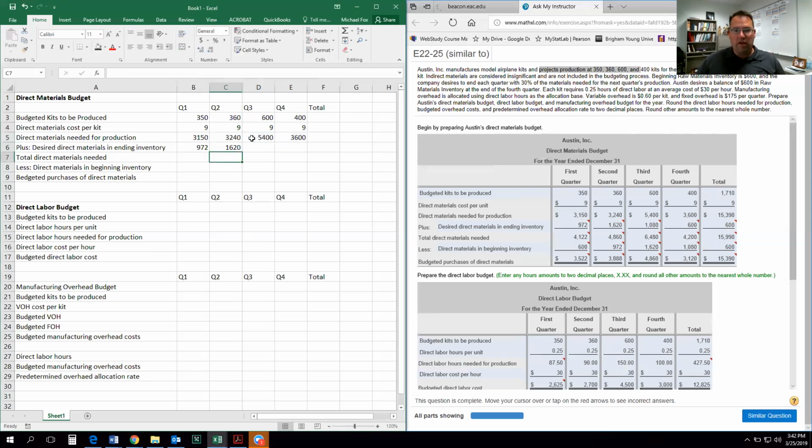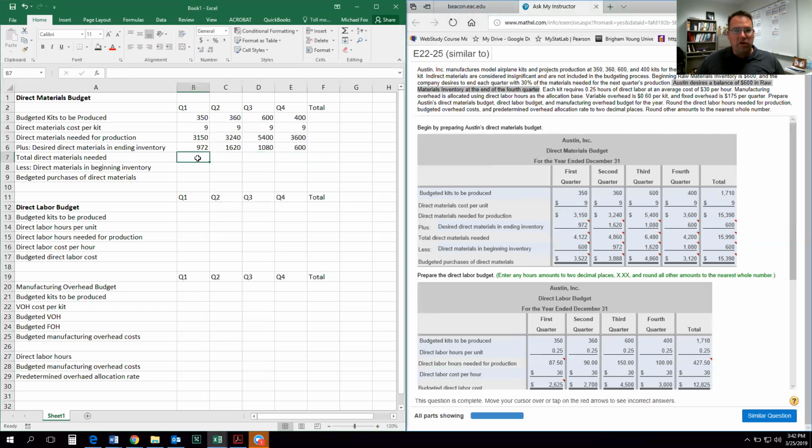For quarter three, that's quarter four production times 30%. Of course, once I have that formula, I could just fill it. Now, there's no way for us to do quarter four unless it tells us. They desire a balance of 600 in the raw materials inventory at the end of the fourth quarter. So it gives us that number, 600.